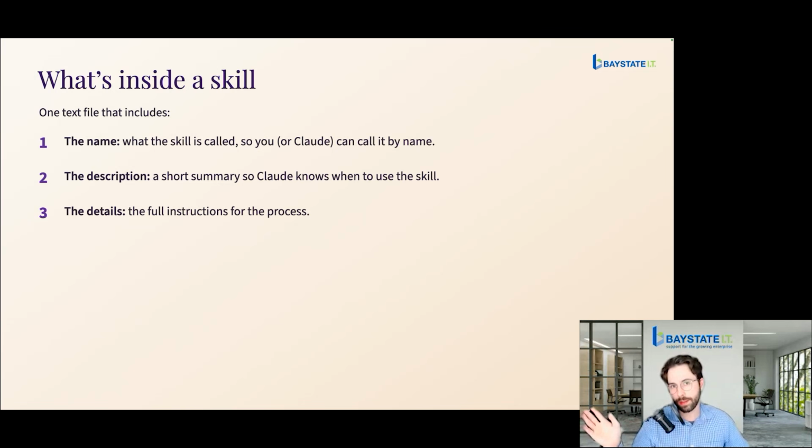We're not talking about that today. That is a later and more advanced webinar. So you can just think of it like a text file. It's got a name and a description. Those details are always present in the chat window. Why? Because the agents have to know, what do I have available to call in? And when the agent or you decide to pull in a skill, it pulls in all those details in the full description.